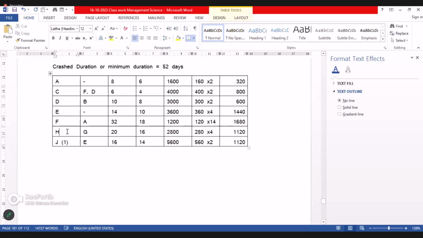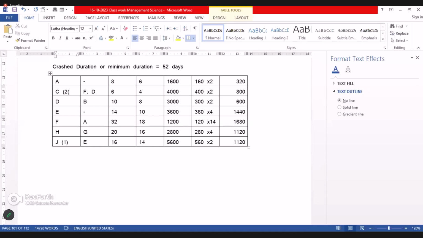It is the second highest, C. Okay, that is the second highest.